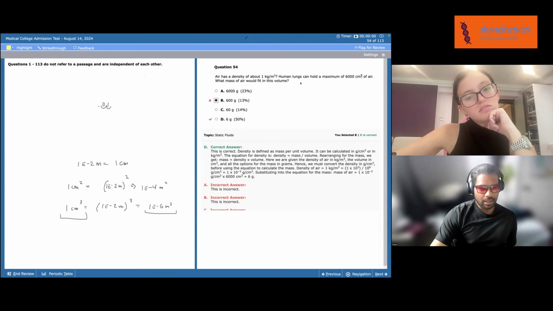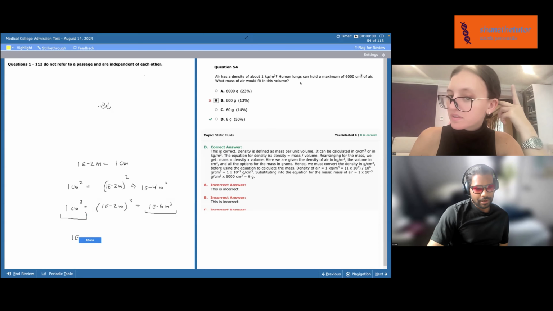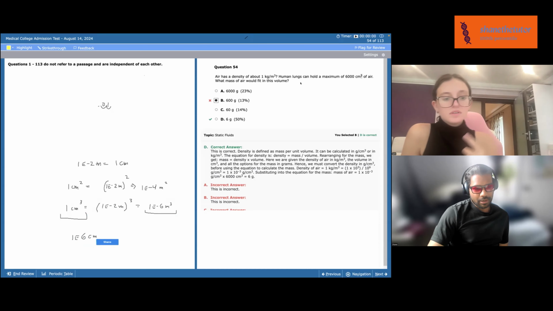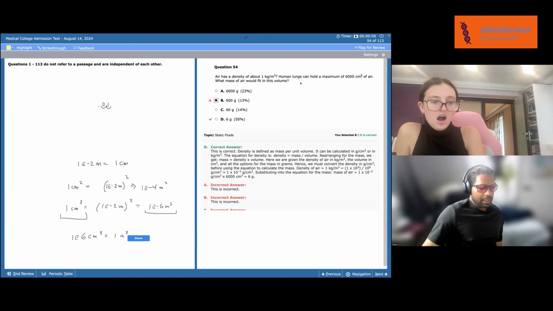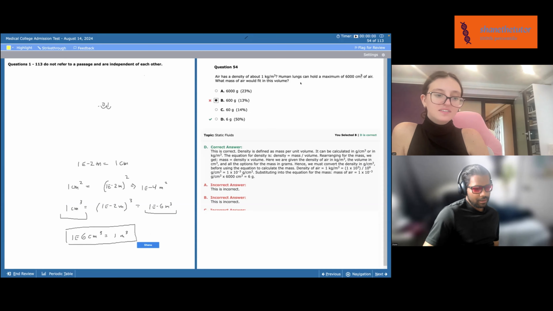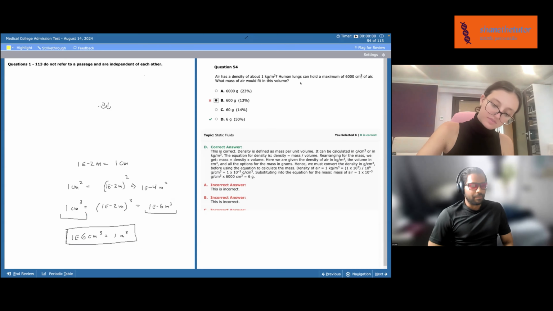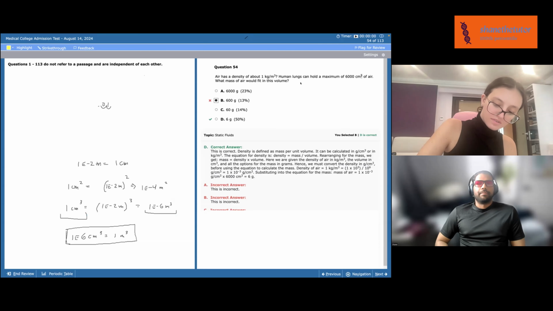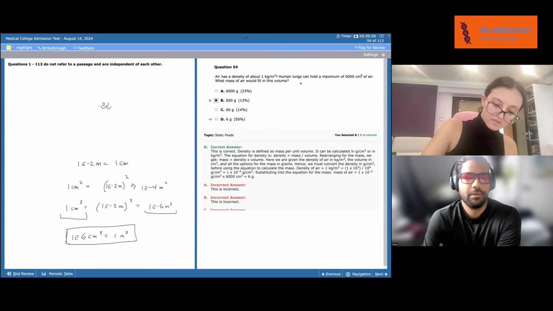So alternatively, that also means 1 million cubic centimeters is equal to 1 cubic meter. You could now just memorize that for the future. But yep, that's what you would do.